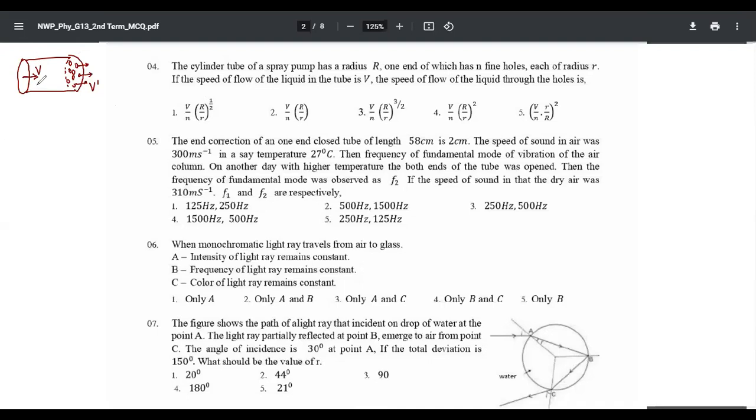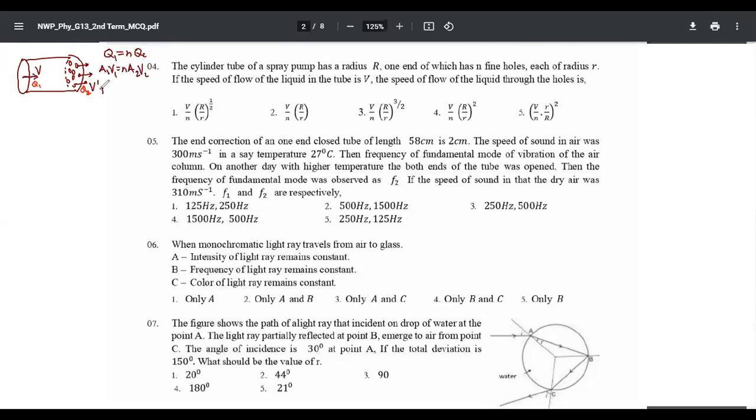Then your plan should be this: the volume flow rate coming in, we'll take it as Q1, and the volume flow rate out of a small hole, we'll take it as Q2. Q1 is the total volume flow rate coming in. That will be equal to n Q2, since from each hole the volume flow rate is Q2, and you multiply by n. Q1 is A1 v1, and Q2 is n A2 v2.